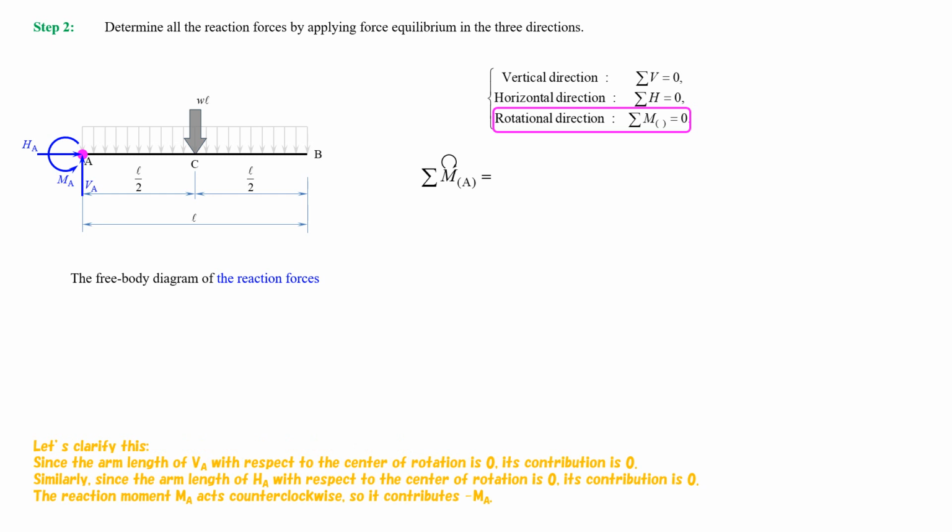Let's clarify this. Since the arm length of VA, with respect to the center of rotation, is 0, its contribution is 0. Similarly, since the arm length of HA, with respect to the center of rotation, is 0, its contribution is 0. The reaction moment MA acts counterclockwise, so it contributes minus MA.